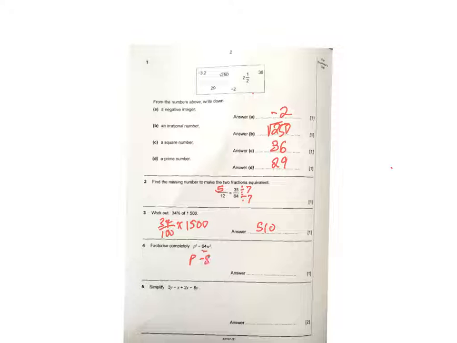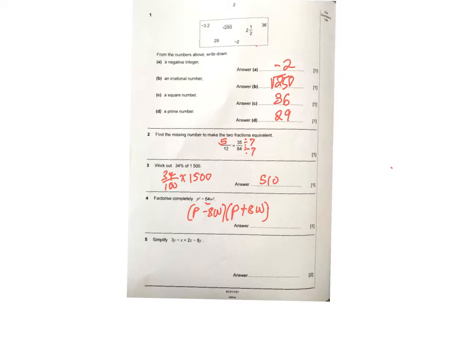That gives me 8. W square, if you have the 2, you get only W. Now it's a difference between 2 squares. In one bracket you have that, then you open another bracket, you have P, but with a minus, now here you put a plus, so you have 8W. Right.